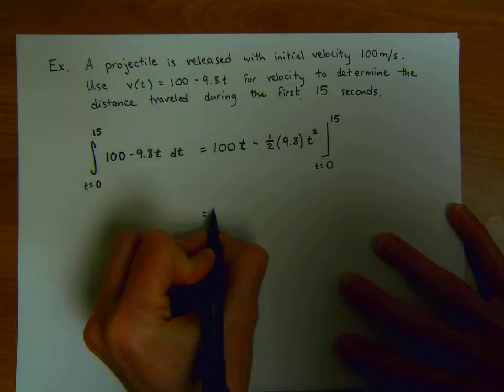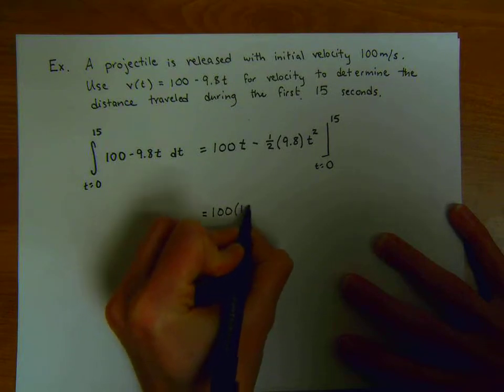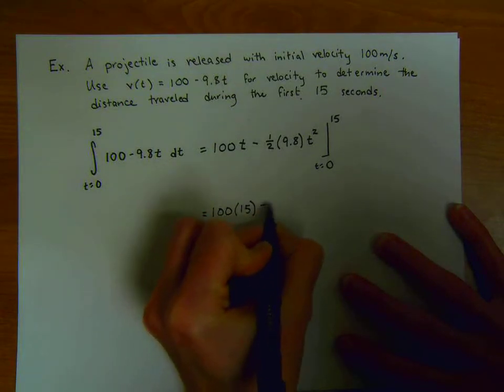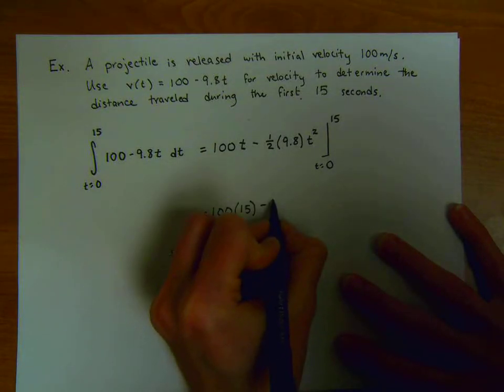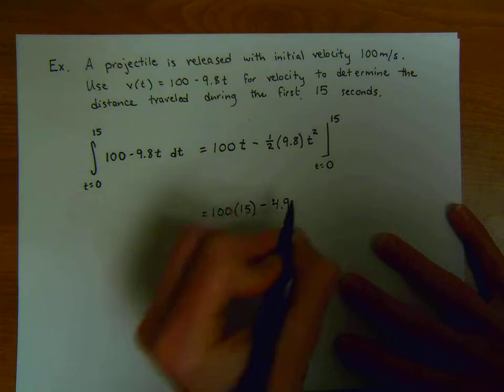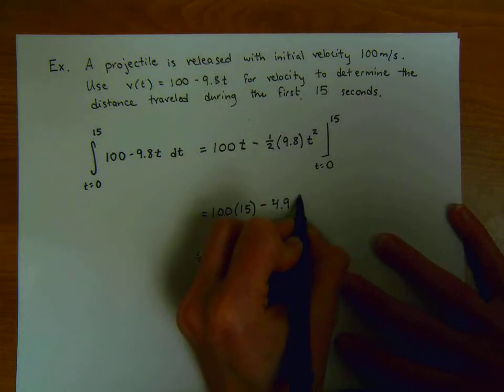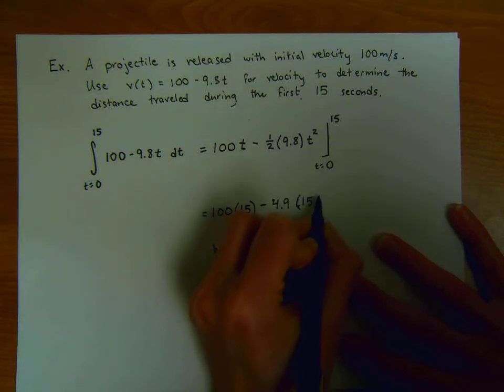So this ends up being 100 times 15 minus 1/2 of 9.8 is 4.9 times 15 squared.